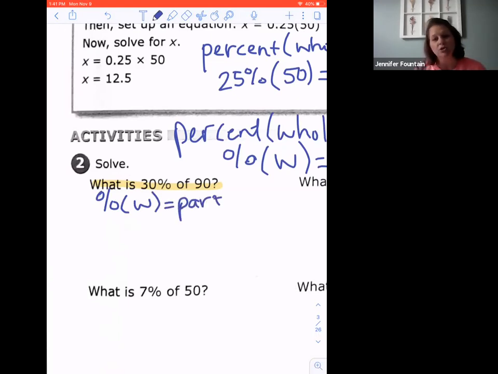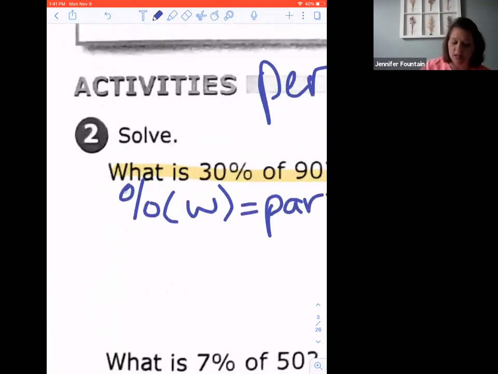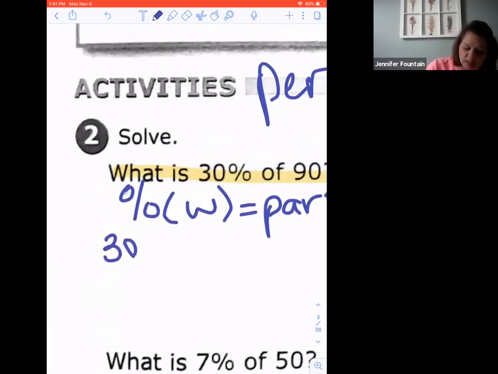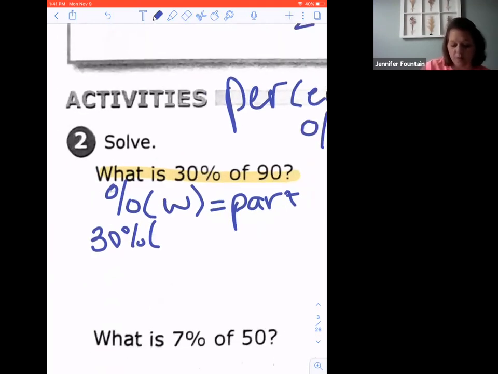Then look to see what two pieces of information you have and plug them in those locations. So I have 30% times, that's where I have of, that means times. Remember is equals. So if it says what is, I know I'm looking for X.